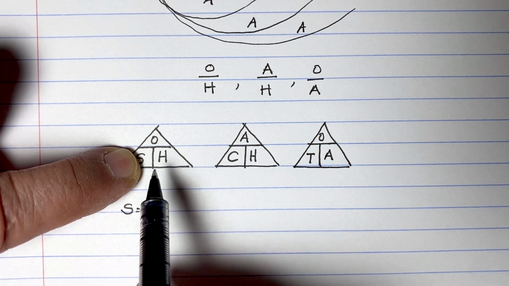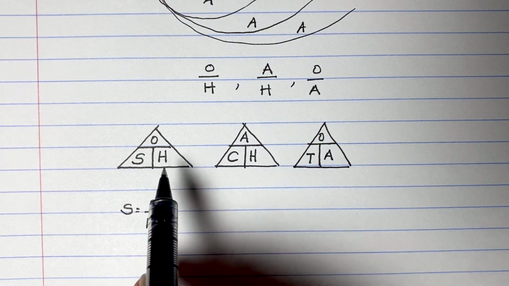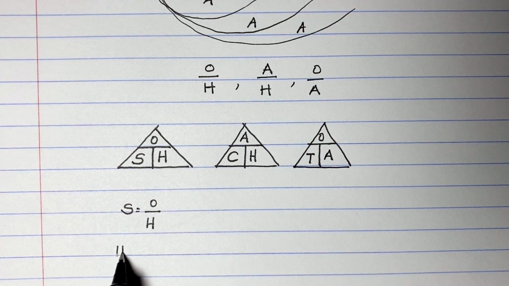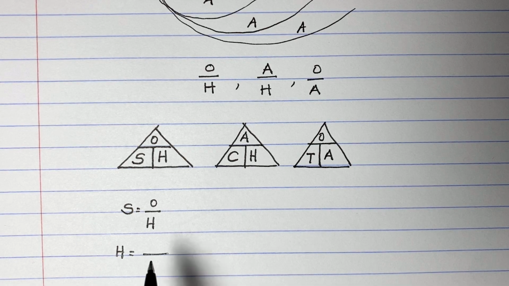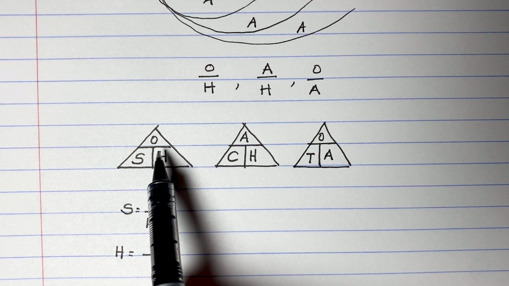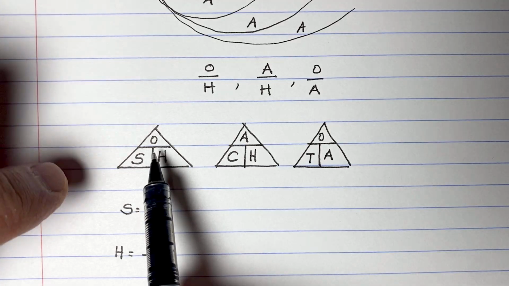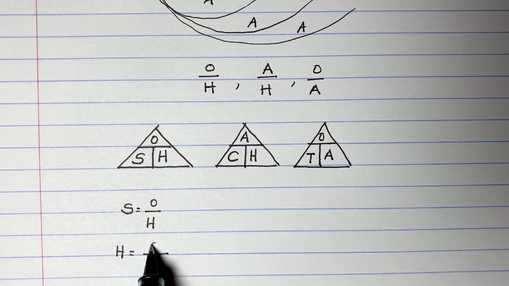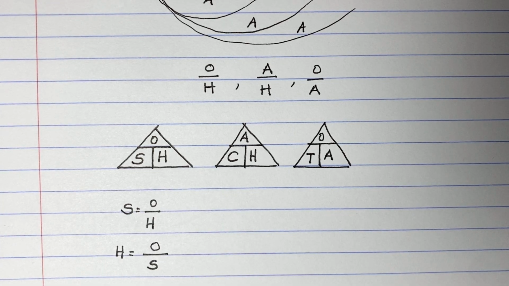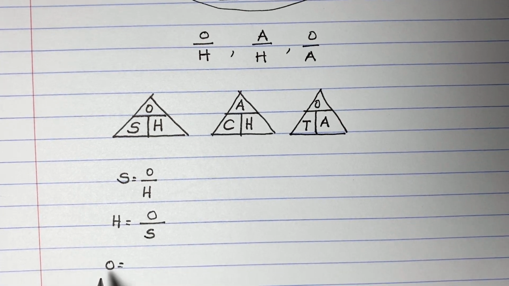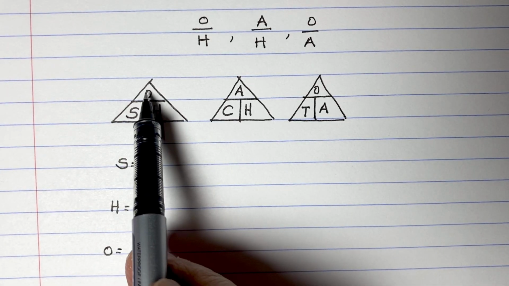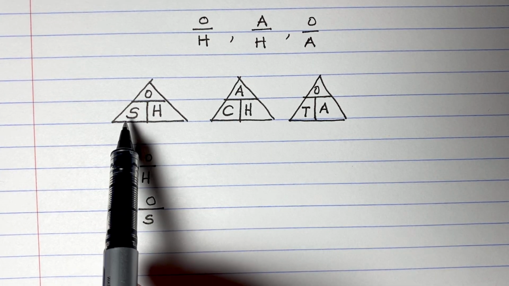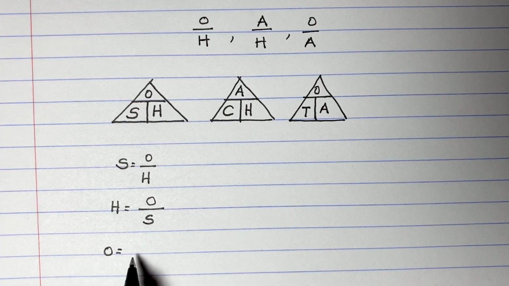If I'm looking for H, cover H, you see O over S. And if you're looking for O, because O is at the top and S and H are at the same level, we multiply them.